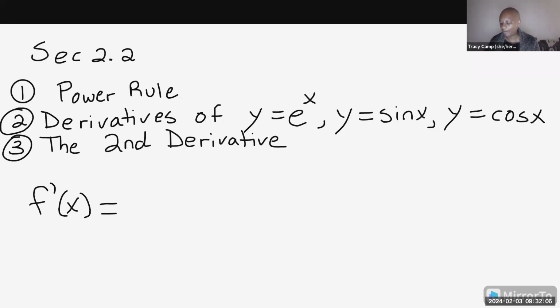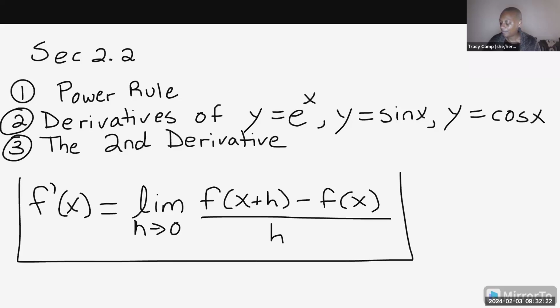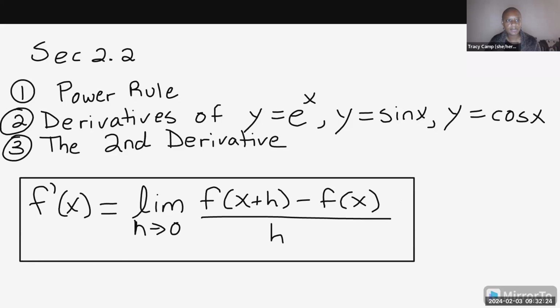So the derivative f prime of x is equal to the limit as h approaches 0 of f of x plus h minus f of x over h. And so you went through this process of finding the derivative, either using this definition or the other definition.